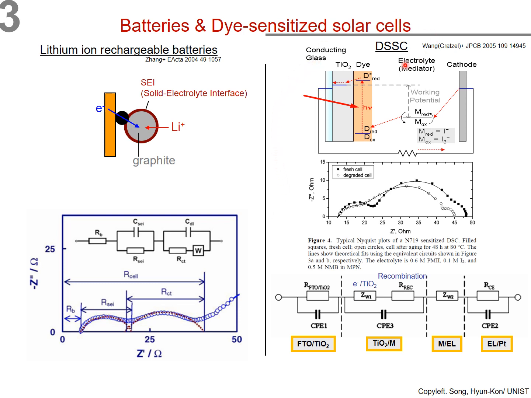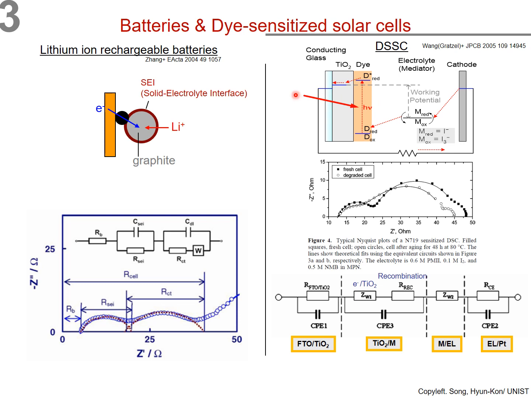Let's go to the second example, the dye-sensitized solar cell. This is the solar cell. Let me explain the working principle of the DSSC, dye-sensitized solar cell. Here is the conducting glass, because we need to use the solar ray.